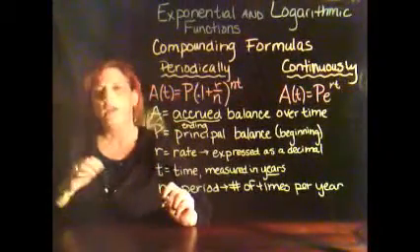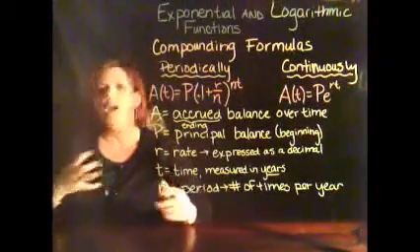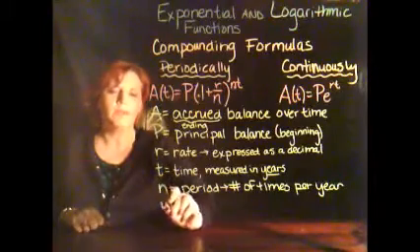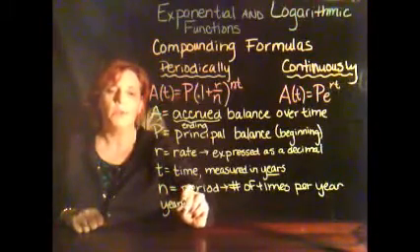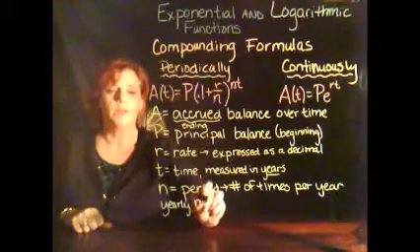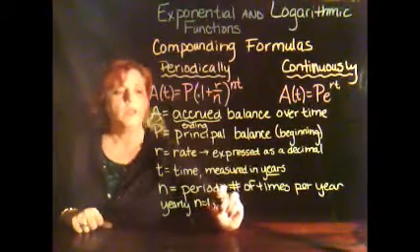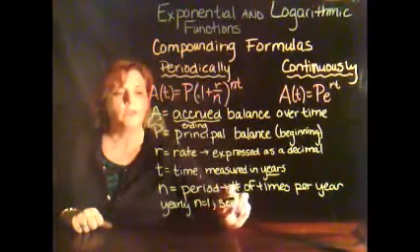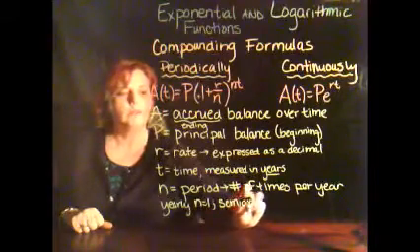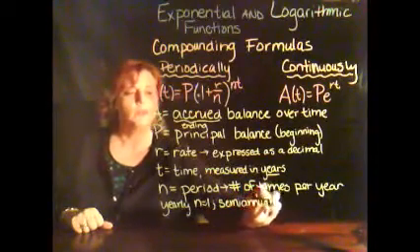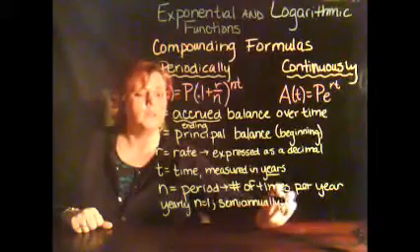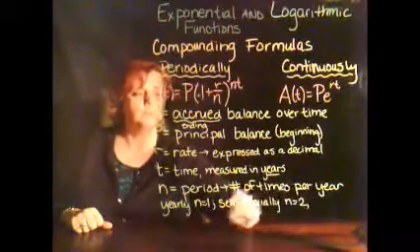There are some common ones that we're going to use. Obviously, if it's yearly, we're only doing it once a year, and so N is equal to 1. If it's semi-annually, and this is a word we don't use often, that just means twice a year. So N is equal to 2.